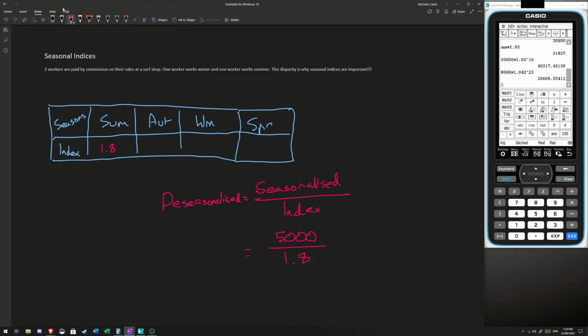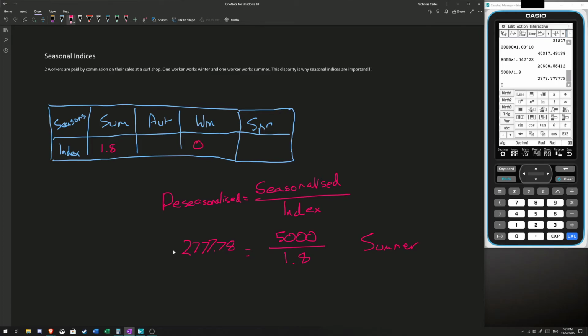What is our deseasonalized figure? So if we remove the seasons, what should we have earned? That's $5,000 divided by 1.8. We should have only earned $2,777.78. Okay, so that's for summer.